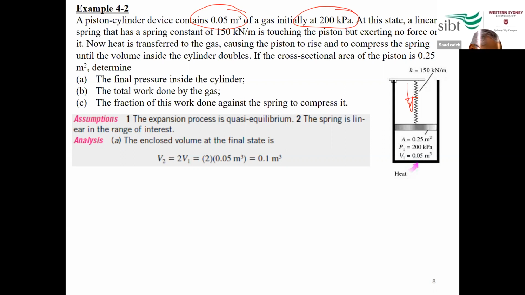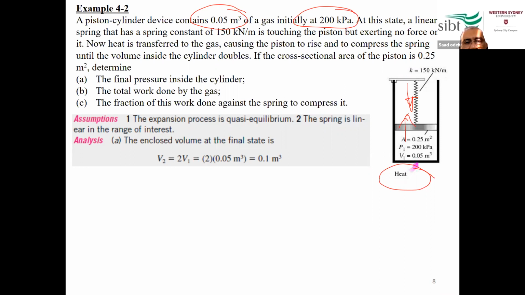Now we start to supply heat to the cylinder. When we supply heat, as we said before, the gas starts to expand. When the gas expands, it starts to push the spring upward, and we have the pressure of the spring downward.